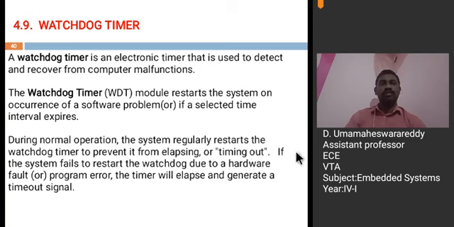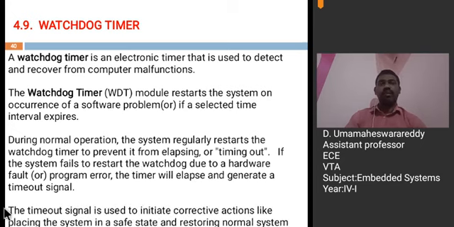Thereafter, if the system fails to restart the watchdog timer due to a hardware or program error, then the timer which is present in the watchdog timer will elapse. And then the watchdog timer will restart your CPU. In this way, the watchdog timer restarts the CPU when there is a hardware or software failure.